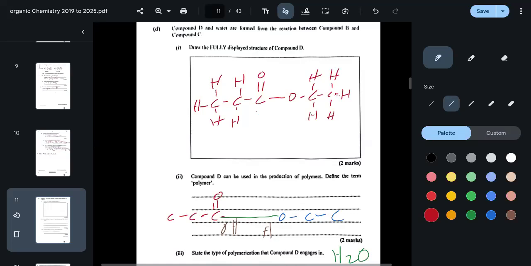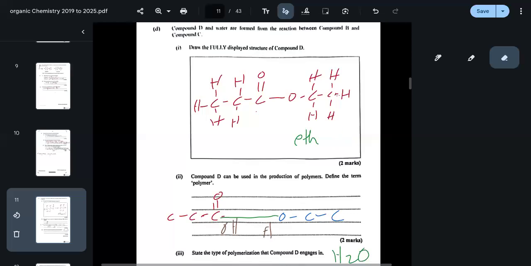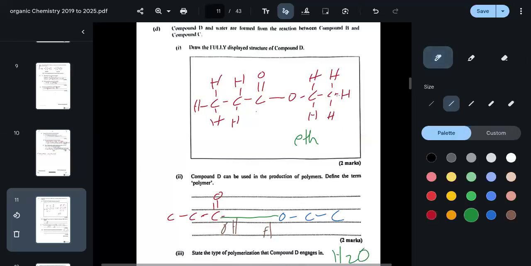So we know that this alcohol is ethanol. So what you are going to do is remove the anol and replace it with yl. So for the alcohol, you take off the anol and replace it with yl.